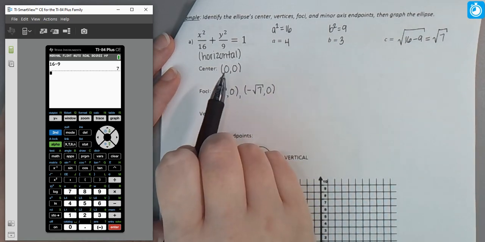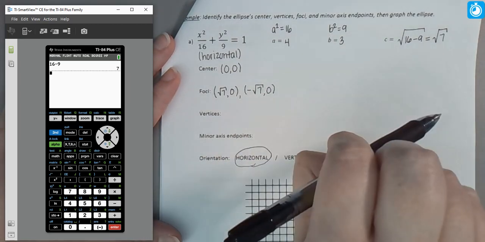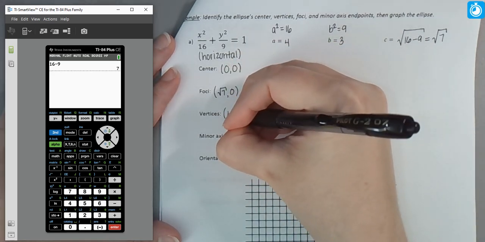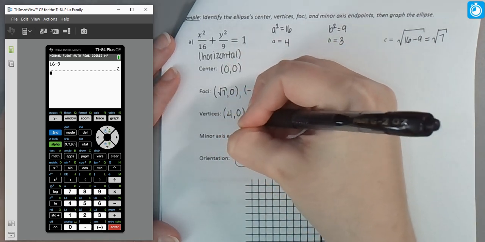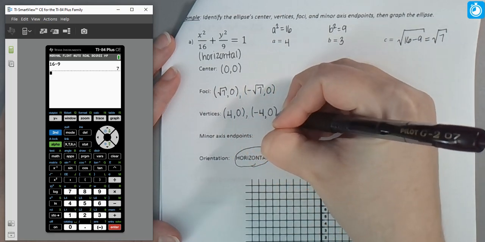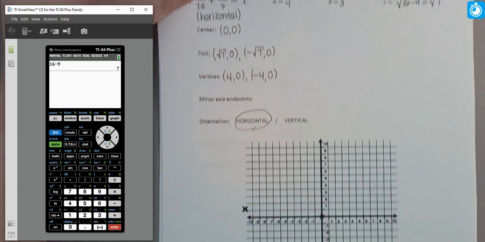So we're going to go 4 units in either direction horizontally away from our center. So 4 units to the right and then 4 units to the left. So that's going to give us coordinates 4, 0 and negative 4, 0. And those are going to be actual points on the graph.